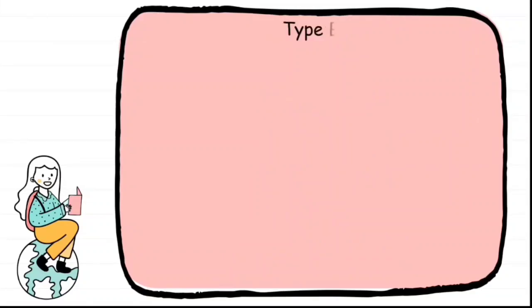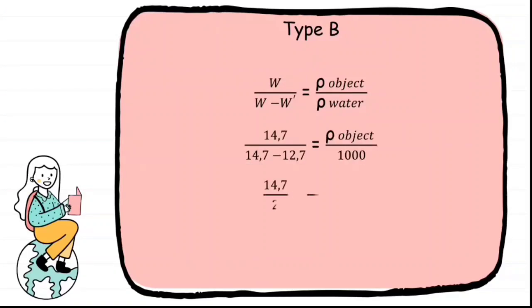Next, type B. This is the same formula. W over W minus W accent equals density object over density water. 14.7 over 14.7 minus 12.7 equals rho object over 1000.